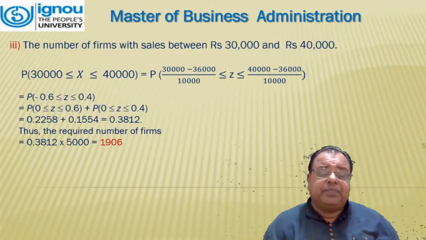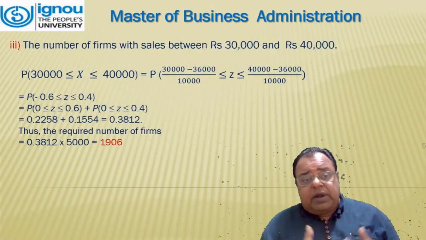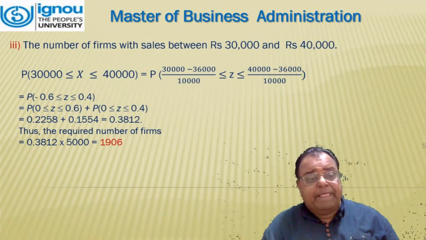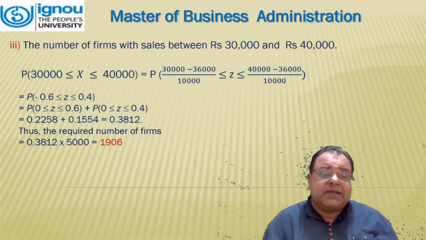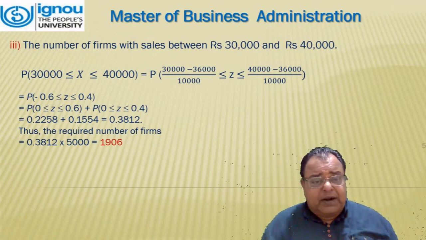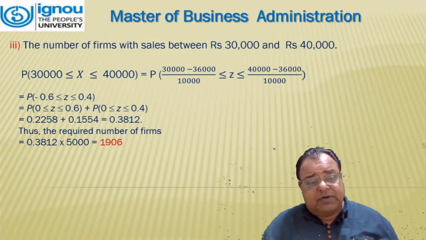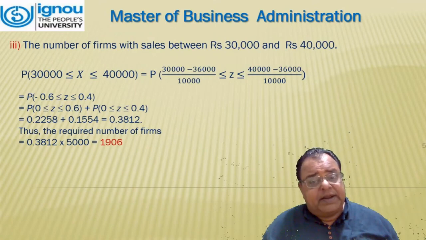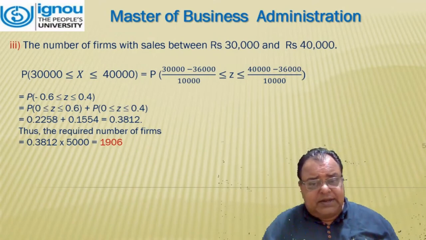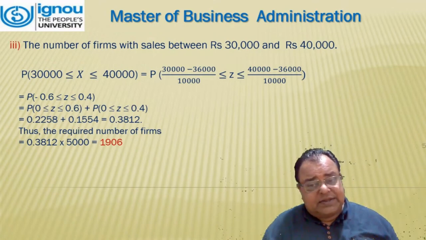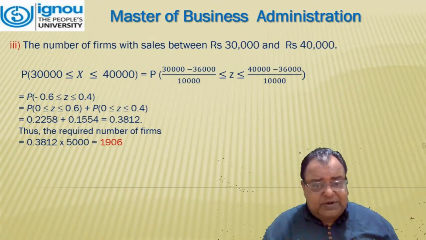The third one was the number of firms with sales between 30,000 and 40,000. Now, we will be following the same method we followed in the earlier part. That is probability 30,000 less than or equal to X less than or equal to 40,000. It will be written as (30,000 minus 36,000) upon 10,000 less than or equal to Z less than or equal to (40,000 minus 36,000) upon 10,000.